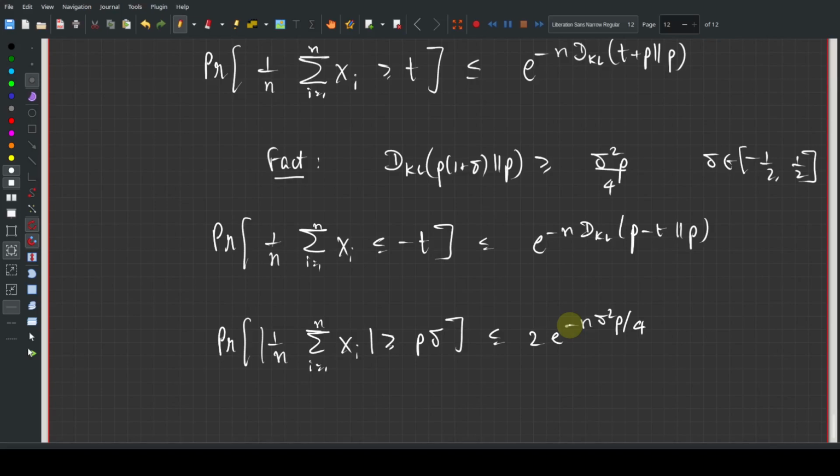So again, this is not the best possible bound, because the best possible bound would be in terms of the KL divergence, but this is good enough for us to work with for now.